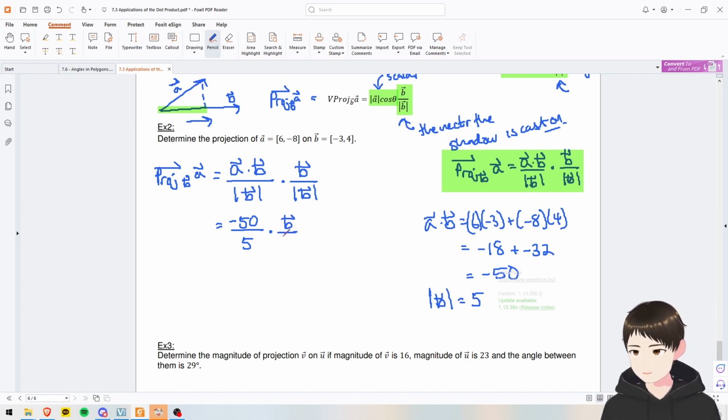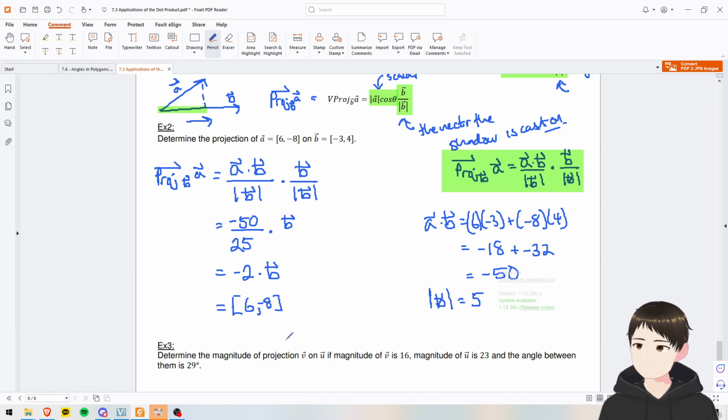So how about I just do negative 2 times vector b. So that's negative 2 as a scalar number multiplying the vector. The vector projection of a onto b is going to be 6, negative 8. Done. Cool.